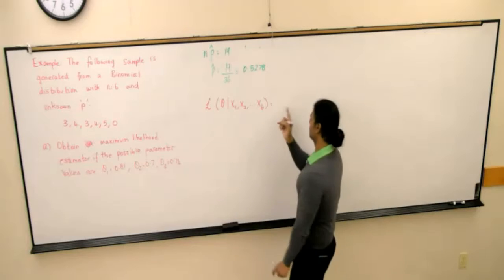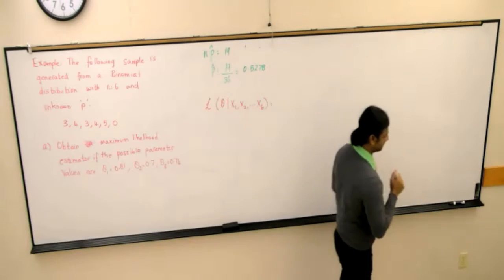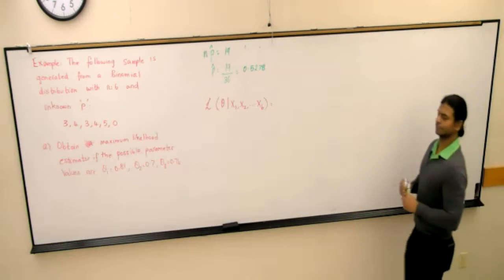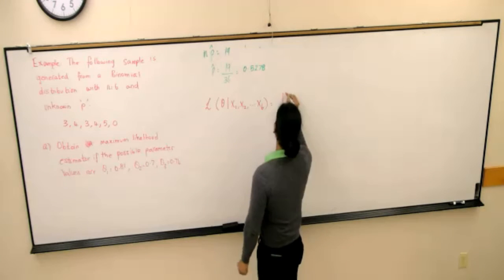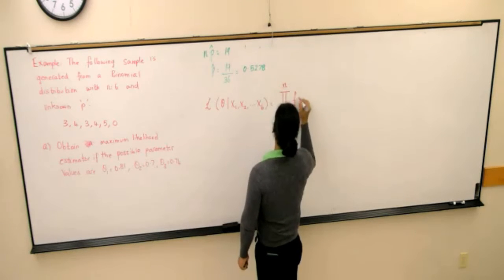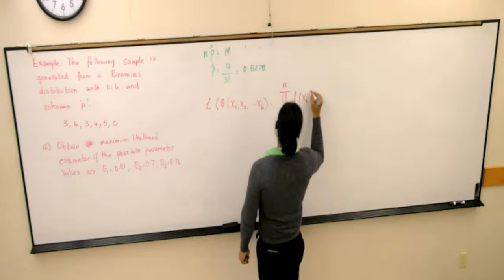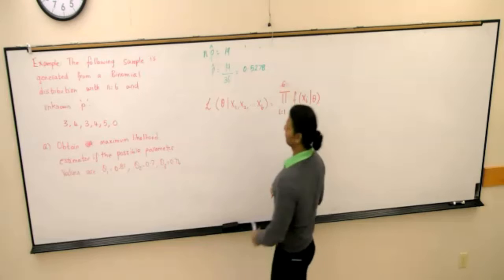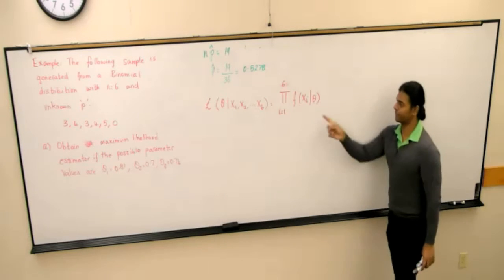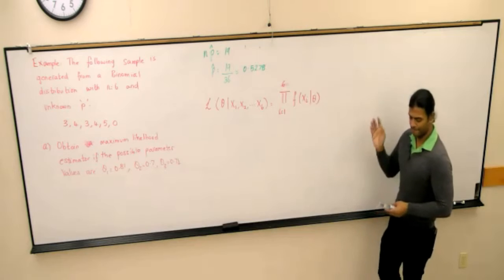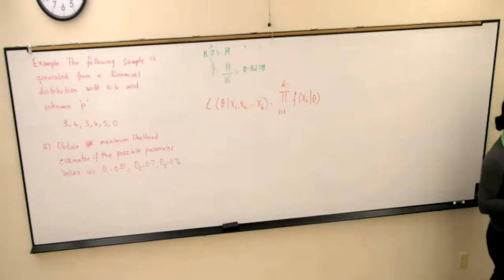What is the likelihood function? It's the product of the probability or the density of xi given each value of theta.